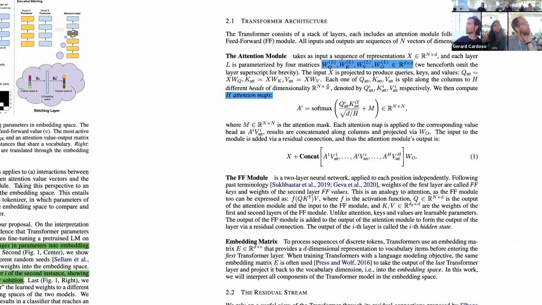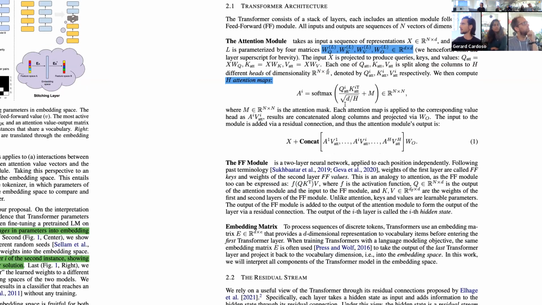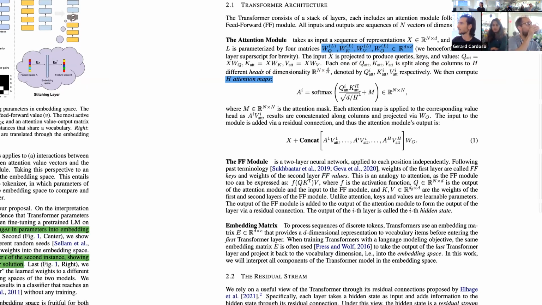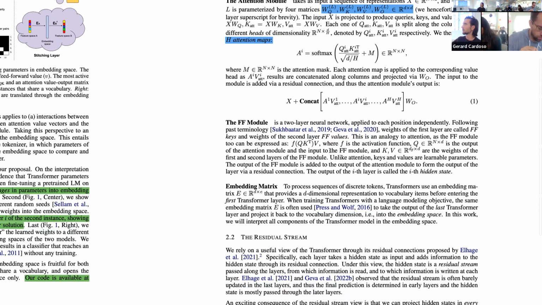The input is projected to produce queries, keys, and values using these parameters, and that's fed into the attention layer. So we'll look a little bit into these parameters, which are the things that we want to project into the embedding space. Then there's the feed-forward module, which is a 2-layer feed-forward.